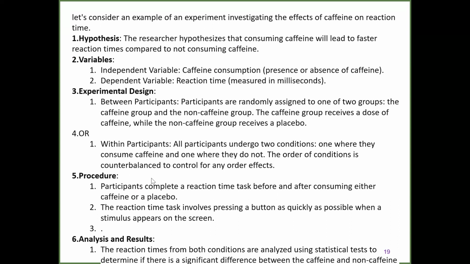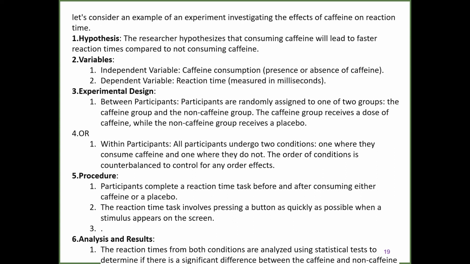The procedure could be anything that tells how the reaction time is faster in the group of people who are consuming coffee or who are not consuming coffee, with a simple action. A simple action could be pressing a button as soon as the stimulus appears on the screen or a buzzer rings. And then the time is noted from both of the groups.